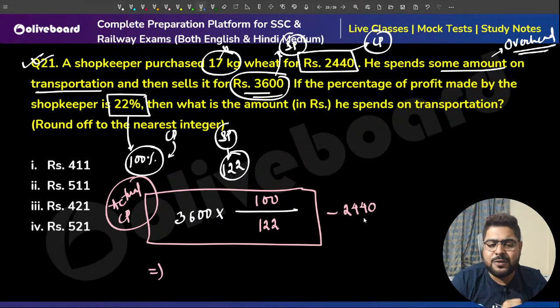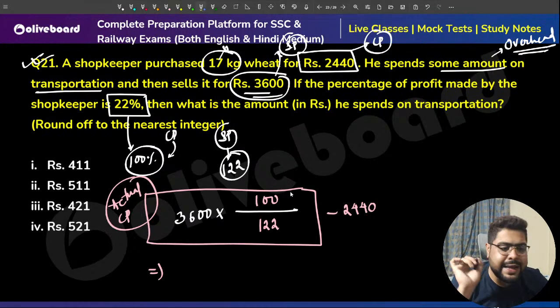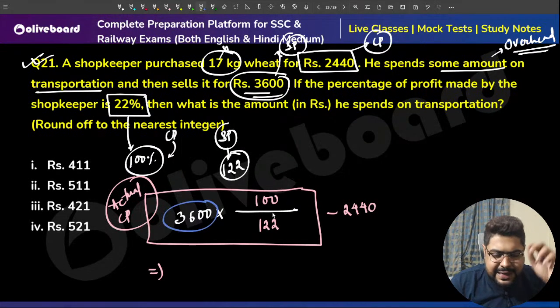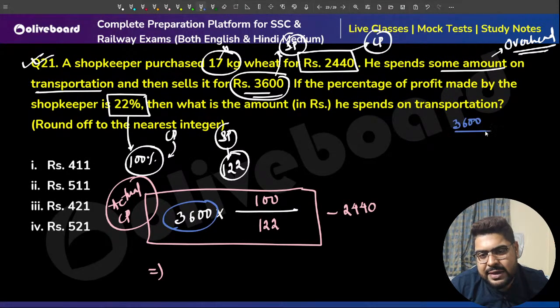It is a little bit calculative, but there are ways actually. Let me give you one way. 3600 by, if this was 120 into 100, it would have been 3000.